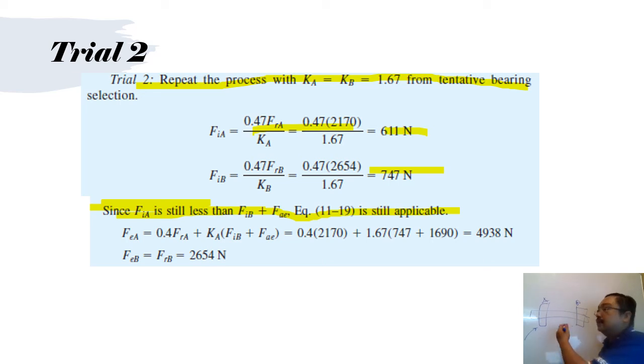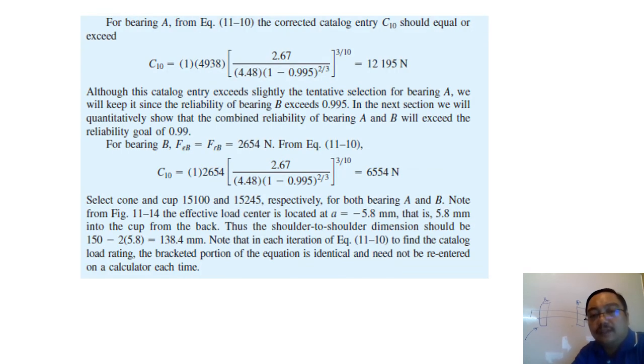Using this, it justifies that the bearing at this side receives more load. One of the bearings receives more load. So for FE, you can put all the values here, and you get 4938 Newton, and FE equals 2654 Newton.